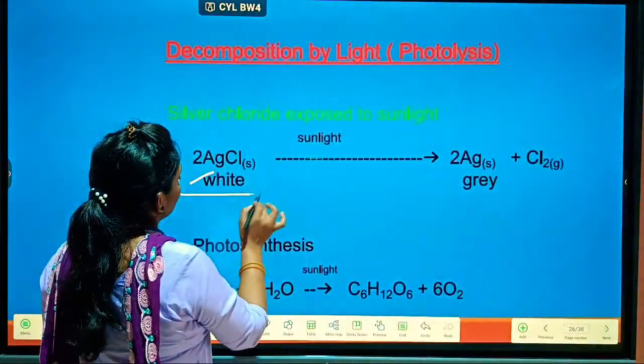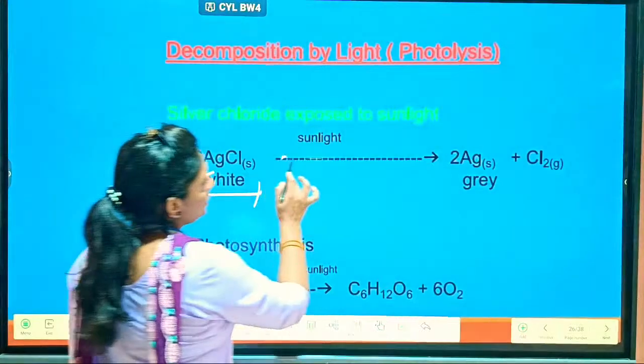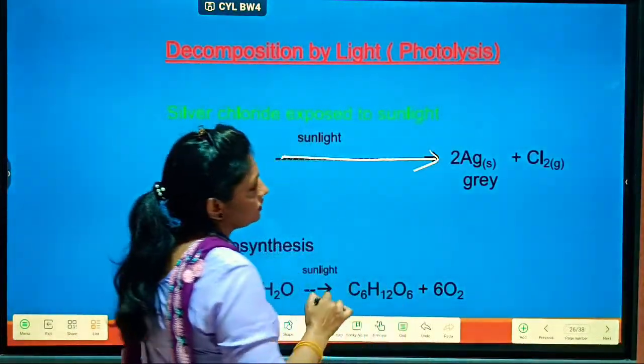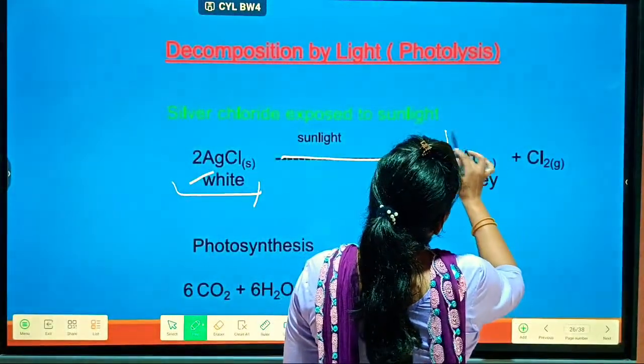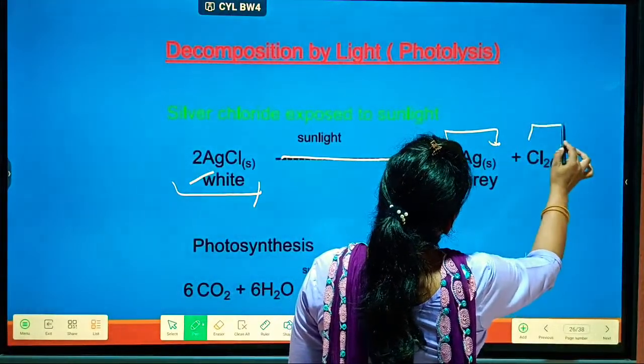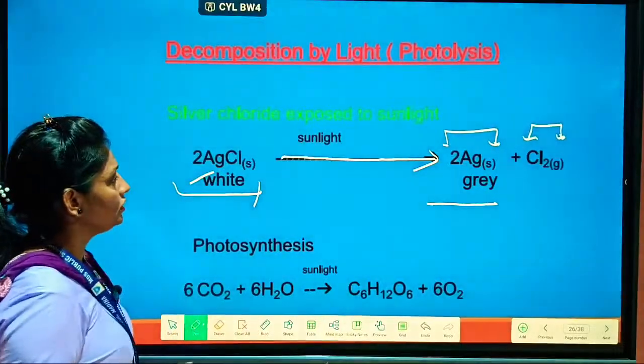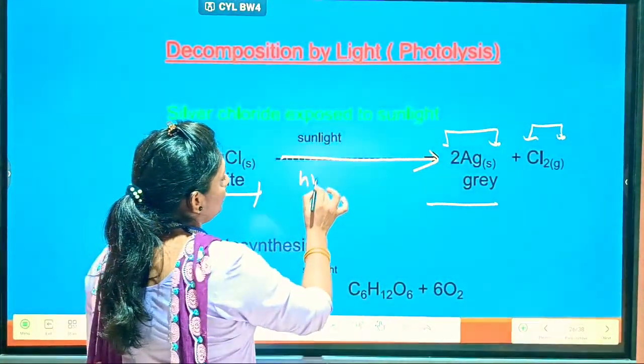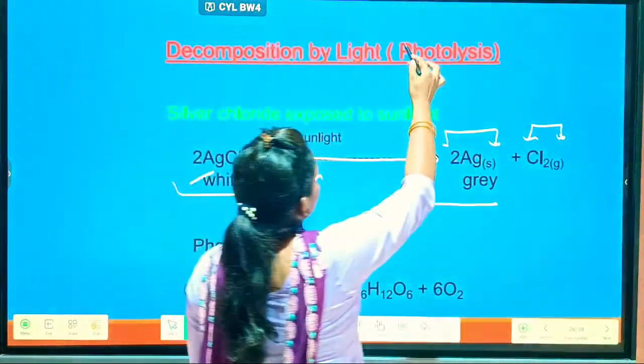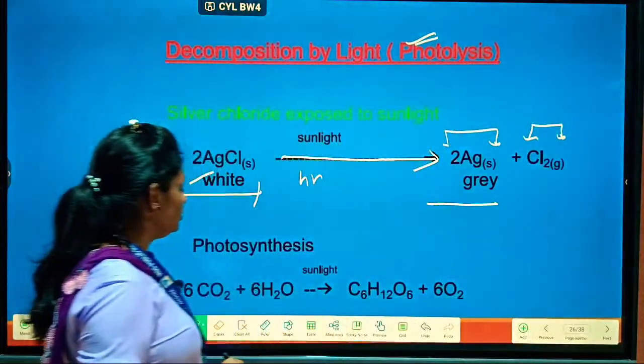If you have silver chloride, you keep it in sunlight, then it decomposes into silver and chlorine. Because decomposition takes place in presence of sunlight, it is also known as photolysis.